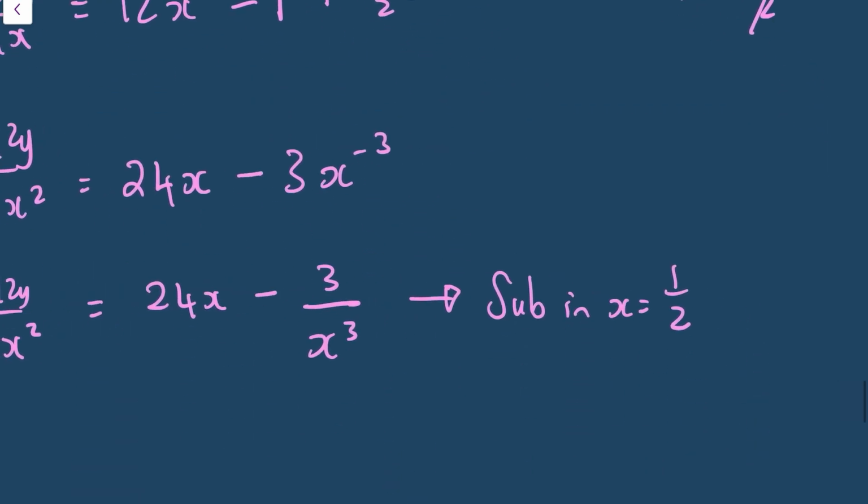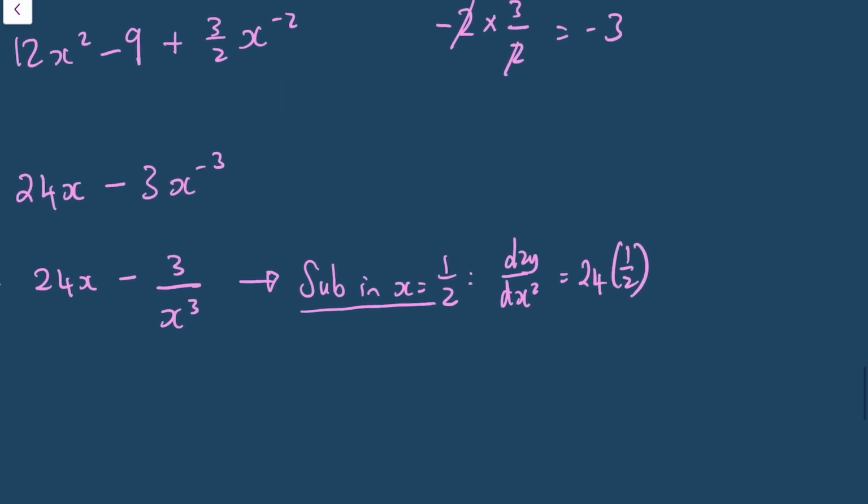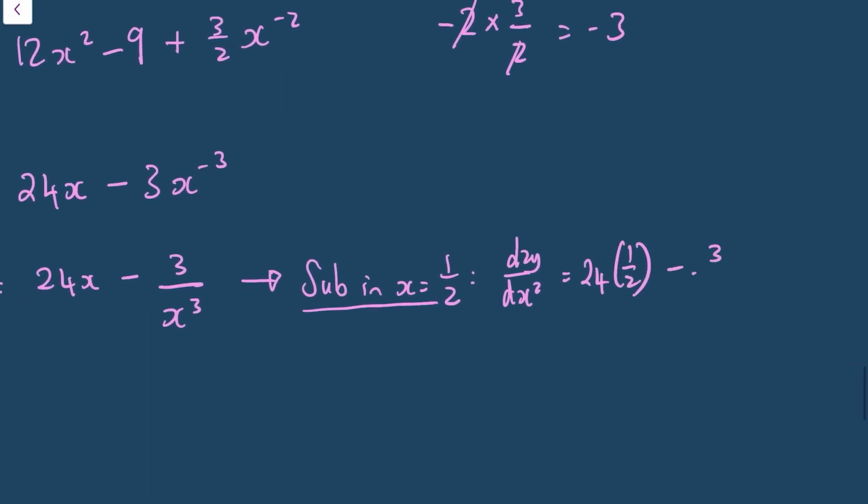So when I sub that in, d2y by dx squared is equal to 24 times a half minus 3 divided by 1/2 cubed, which gives me 12 minus 3 divided by 1/8.